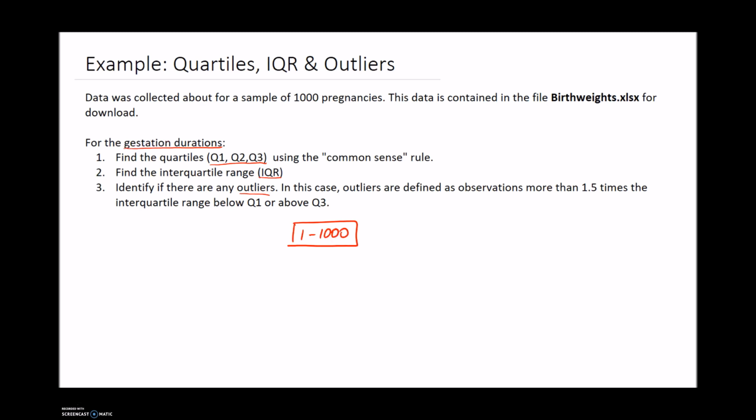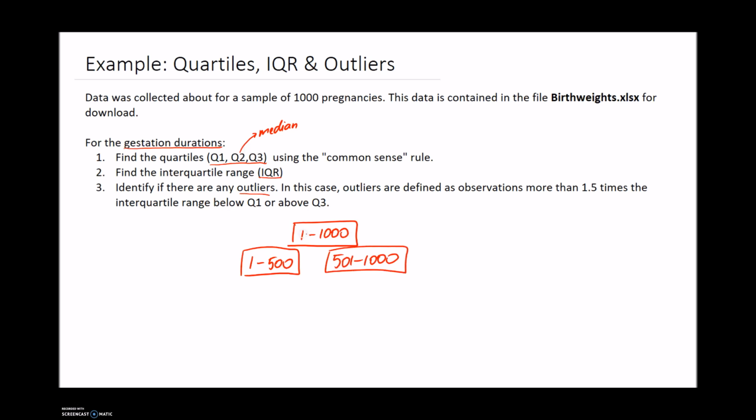Q2 relates to the median, the middle value when we have them in this order. If I split this up, the first half of the observations would be 1 to 500, and the second half would be 501 to 1,000.